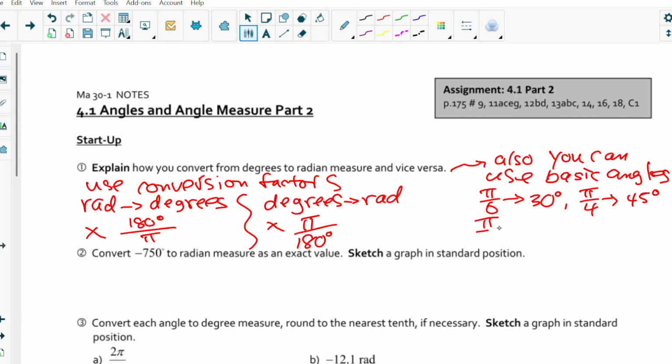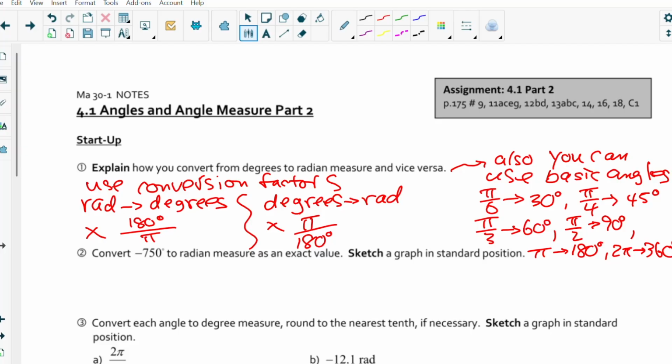Pi over 3 is 60 degrees. Pi over 2 is 90 degrees. Pi is 180 degrees. 2 pi is 360 degrees. These are the main ones that you should have committed to memory.